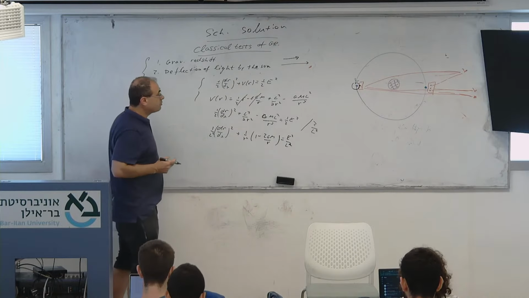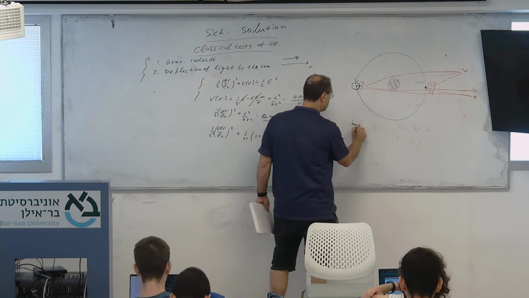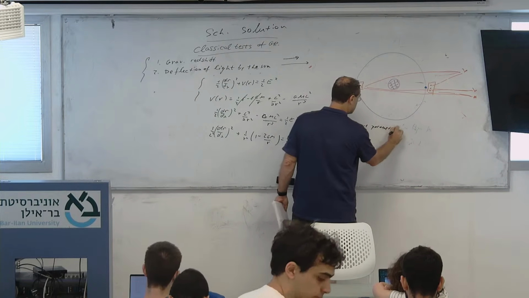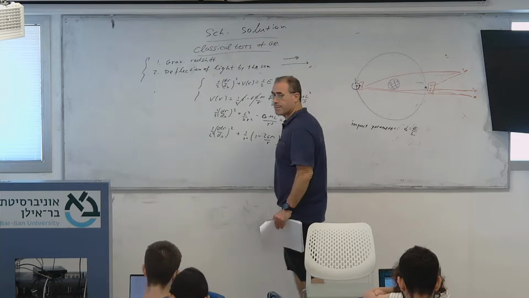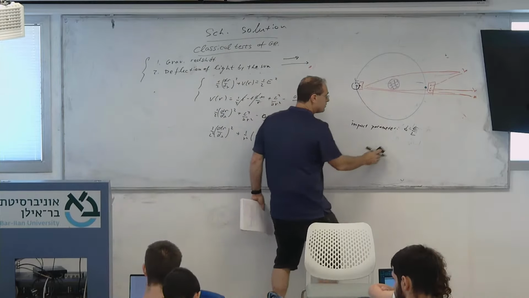So I'm now defining what's known as the impact parameter, b, which is L over E. Sorry, L over E. My apologies.